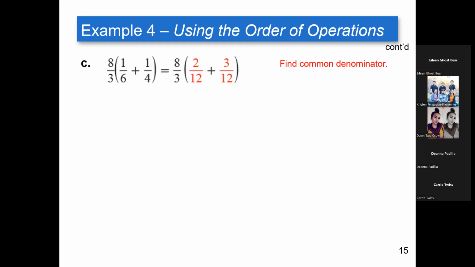So that'll be 5/12 times 8/3. And we can cross cancel. Sometimes my slideshow does not proceed when I want it to. There we go. You can cross cancel the 8 and the 12 to 2 and 3, huh? So it should be 10/9.